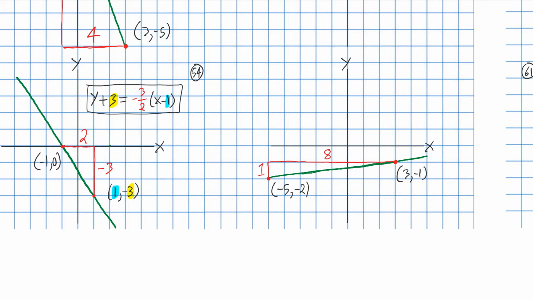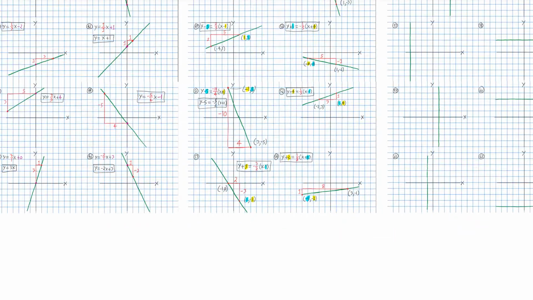And, yep, that's right. So y plus 2, I'm going to use the closer point. And color coding, just so you know where all the numbers are coming from. And remember, it's the opposite signs when you plug in that point. All right, so if you got that answer, good job.